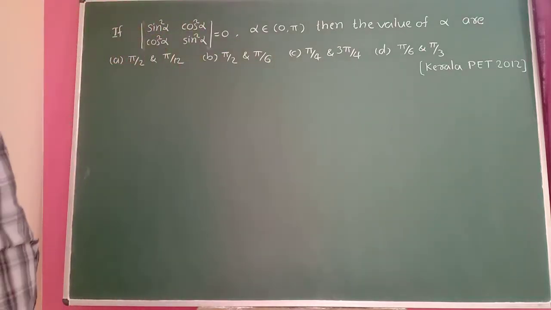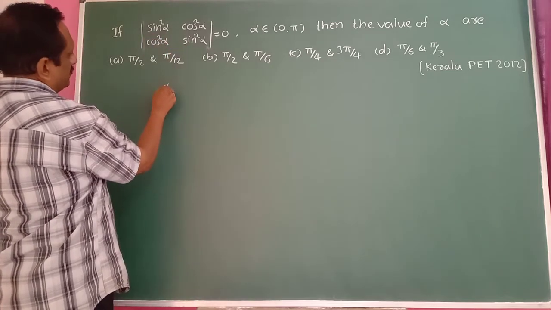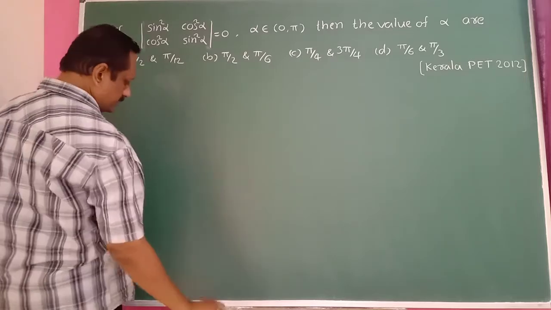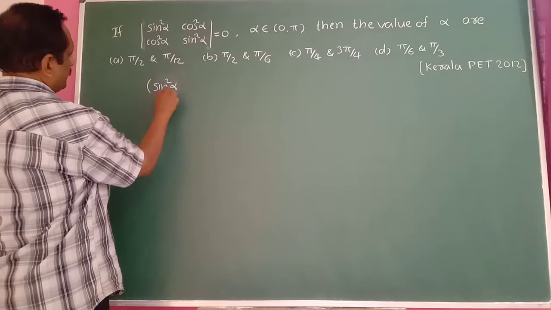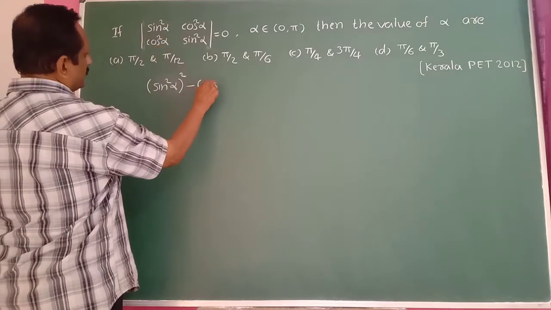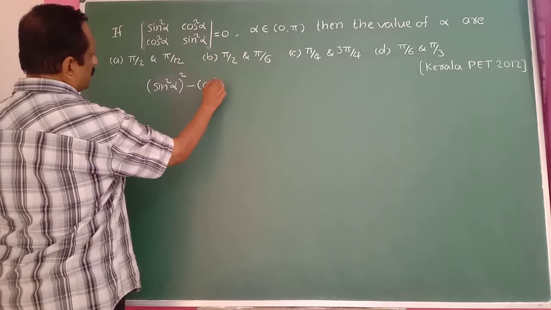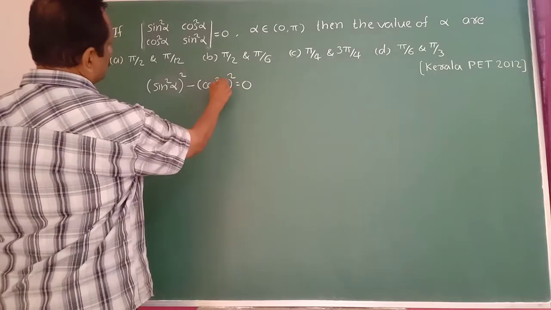Okay, so expand it here. Sin square alpha, it's a square, then this into this, cos square alpha, it's a square, is equal to 0.